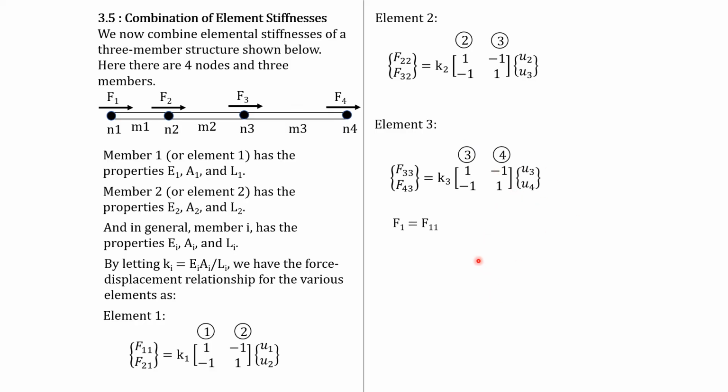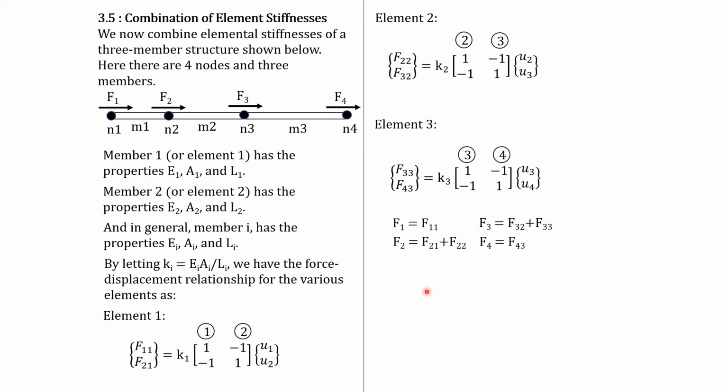So F1 equals F11 from this equation, setting the value of U1 equal to 1. So it is K11. F1 equals F11 equals K1. F2 equals F21 plus F22. F3 equals F32 plus F33.